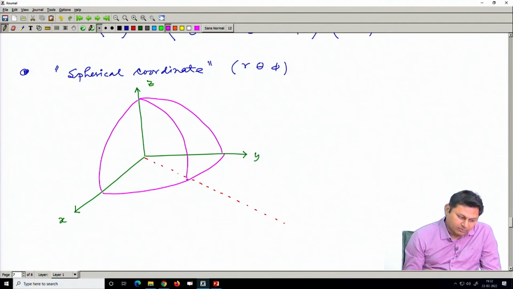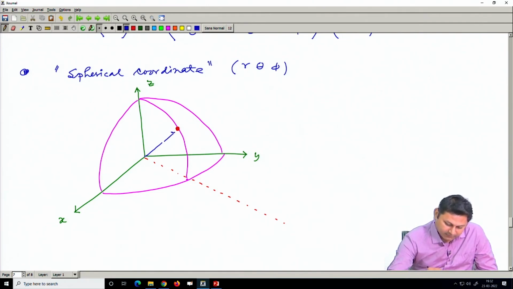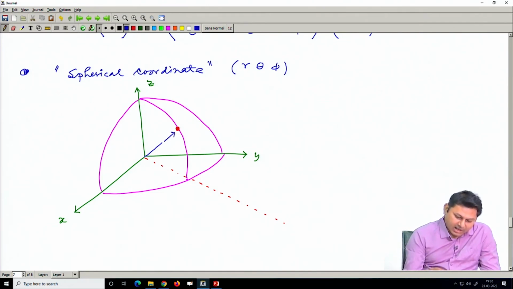Okay. So, now define one by one. A point here, make it red, P. How to define this point? I can have a line from here to here. This is the value of, say, r. This r can be any point over this circle, everything is r.